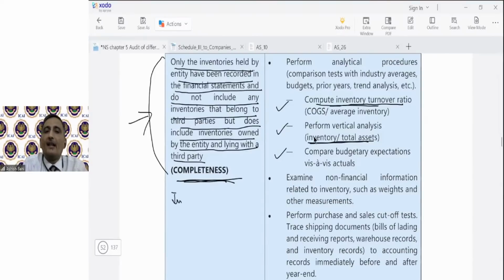So the inventory turnover ratio, students, is cost of goods sold divided by average inventory.